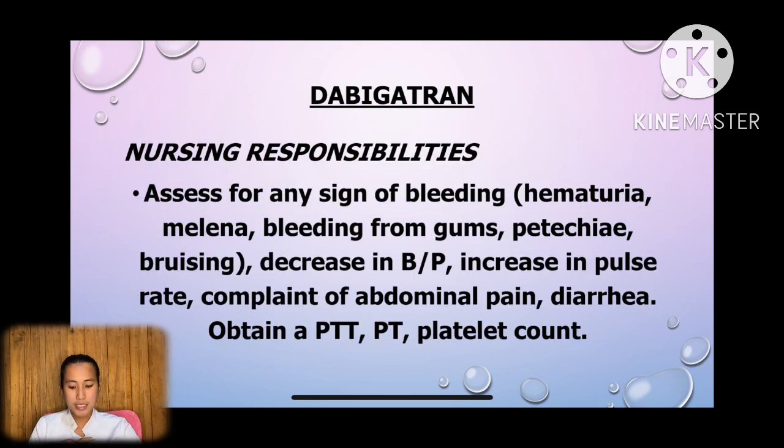Nursing responsibilities is that assess for any sign of bleeding, hematuria, melena, bleeding from gums, petechia, bruising, decrease in BP, increase in pulse rate, complain of abdominal pain, diarrhea, obtain PTT, PT, platelet count. So we are going to assess these things.